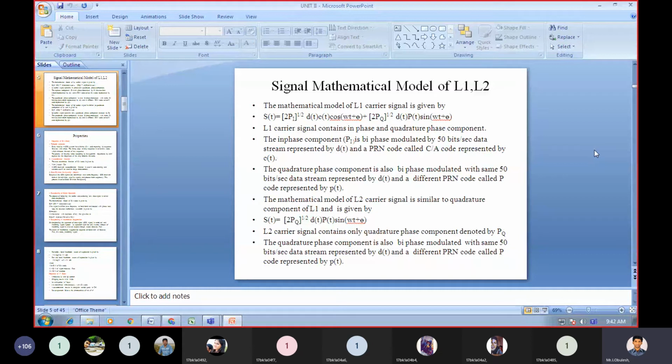The L1 carrier signal contains in phase and quadrature phase components. P_I is the in phase component, and P_Q is the quadrature phase component. So the L1 signal contains in phase and quadrature phase components.